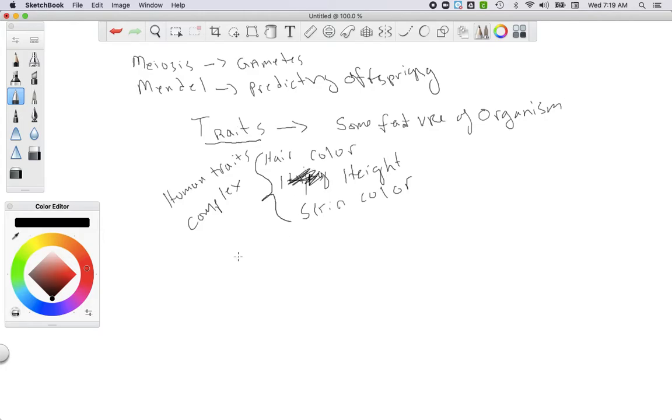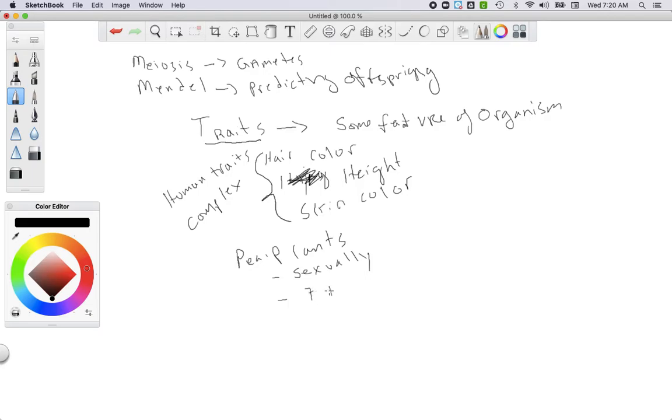And that's part of what was so important about Mendel picking pea plants as his experimental organism. Pea plants reproduce sexually, just like humans.